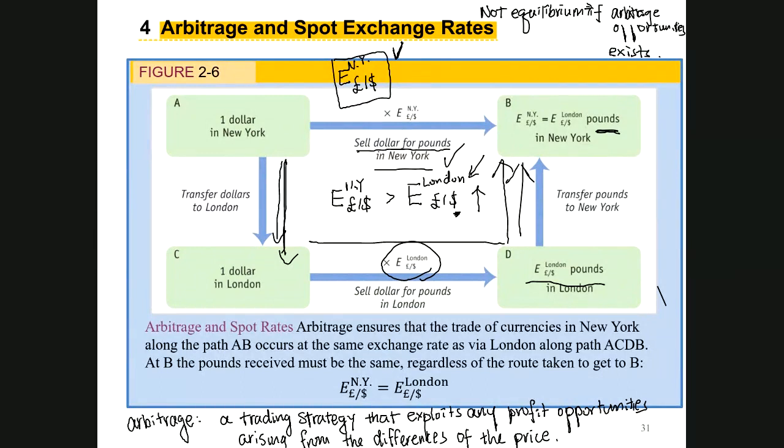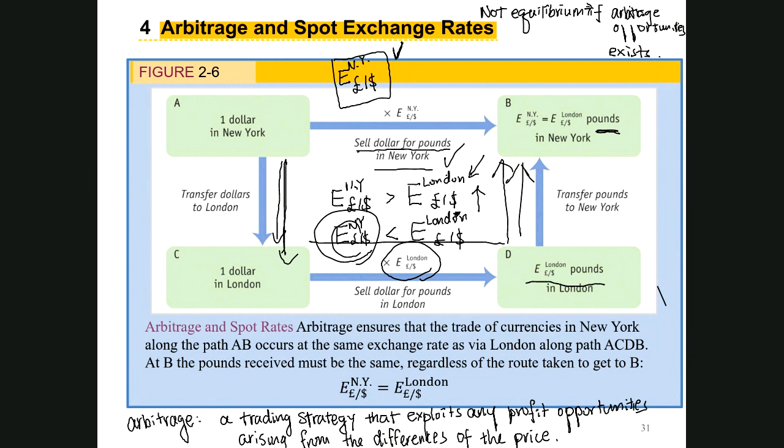And it's the same thing if the exchange rate in New York is smaller than the exchange rate in London. People will go to the market here and switch their dollars to pounds because they could pay less, right?